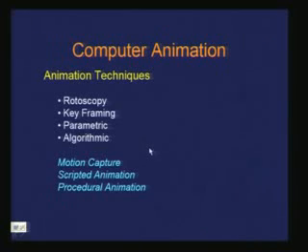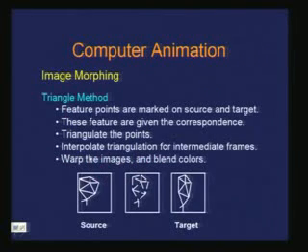So we had looked at an example of keyframing animation in the context of morphing, image morphing. Just to recapitulate what we looked at last time: the problem was stated in the form that you have a source image and a target image, and what you want to generate is a metamorphosis between the source and the target, right?